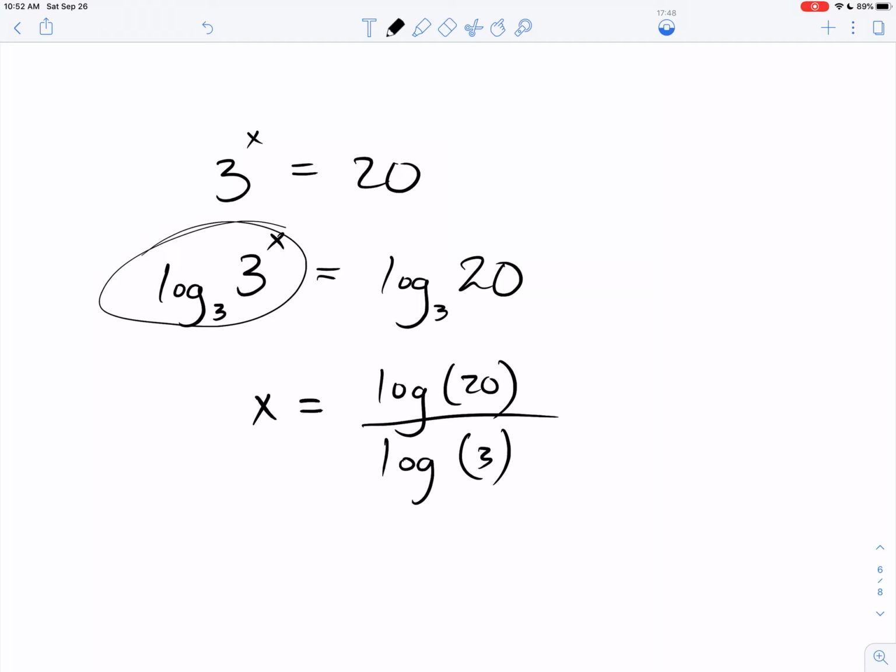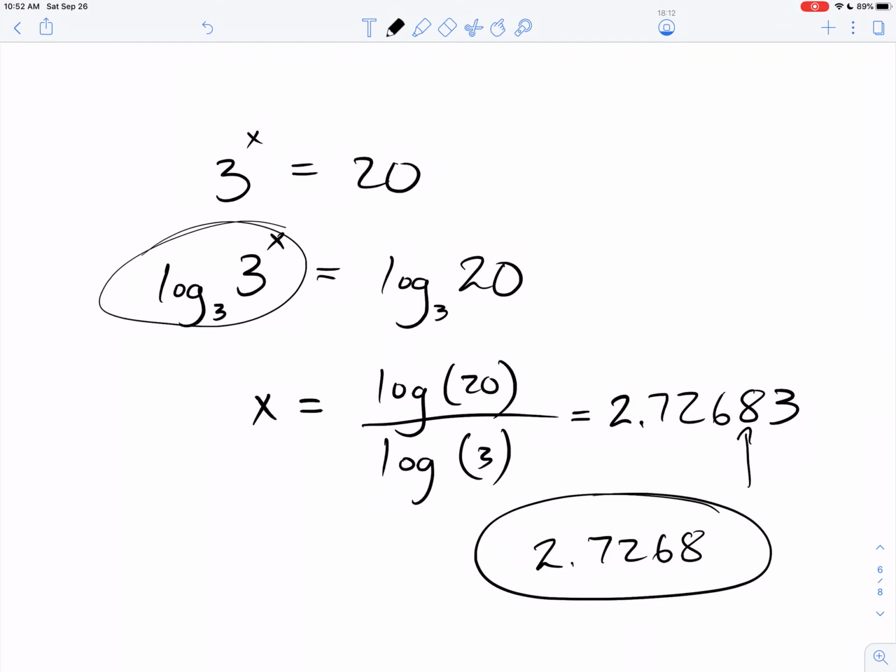This is not a number that I walk around having memorized, but it's 2.72683, and it keeps going. But we're going to round our answers to the 4th decimal place. So the answer you would see on the practice answer key would be that.